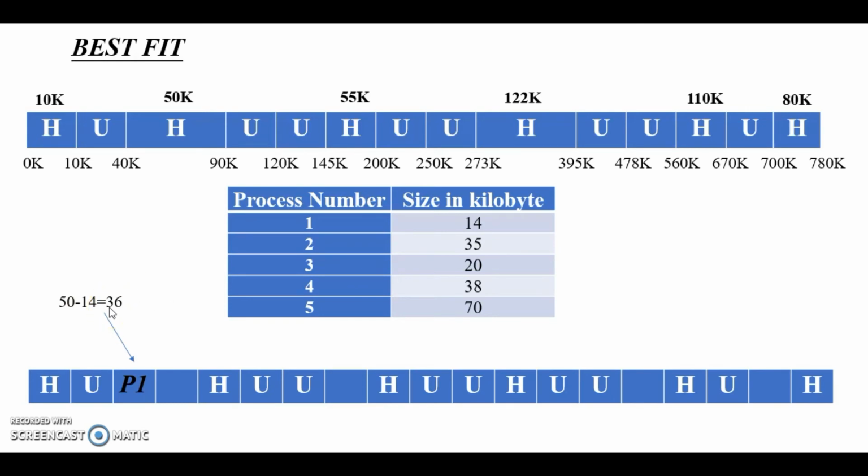Next, we'll do process 2. So we check again from the smallest to the biggest. Process 2, is it enough to fit into 10? If not, then we check the second smallest, which is 36. Is it enough? If yes, then we will use the second smallest minus process 2.